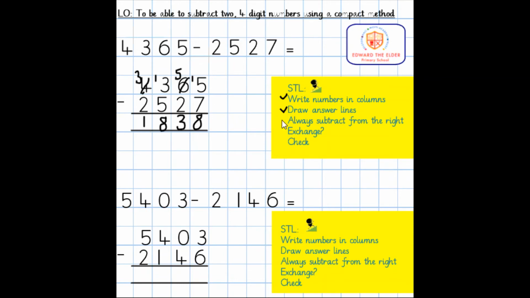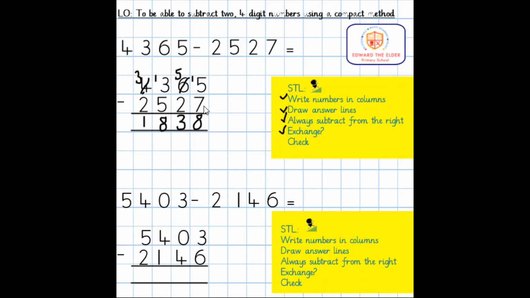Looking at our steps to learning, did we subtract from the right? Yes. Did we exchange? Yes. And the final step is to check our learning. 5 subtracts 7.